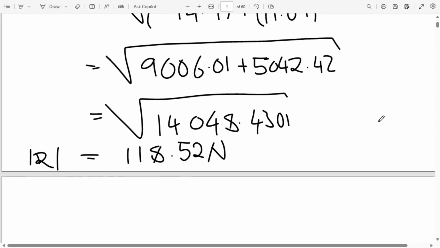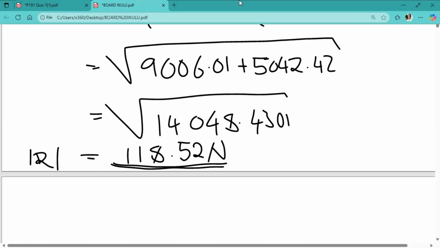So this is our resultant, the resultant of the four coplanar vectors that we've been given. 118.52. Yes. So that is all.